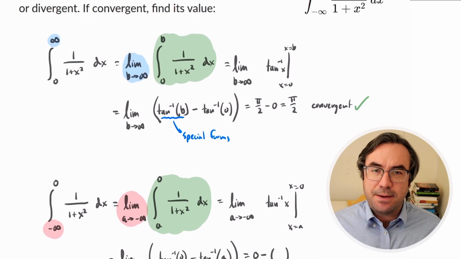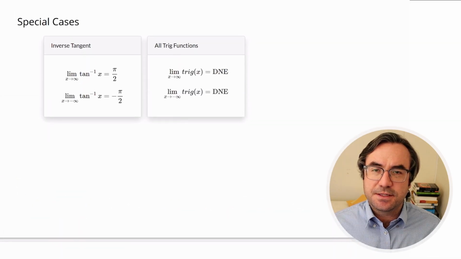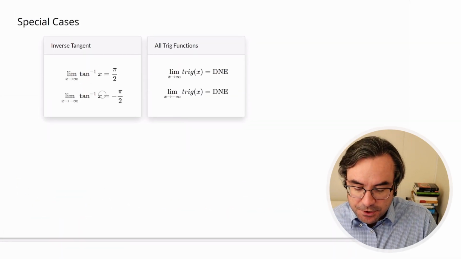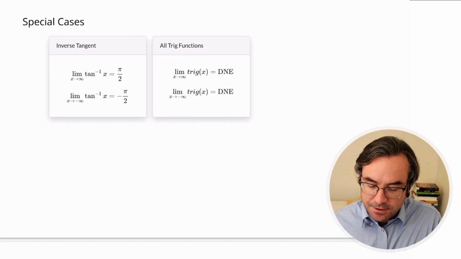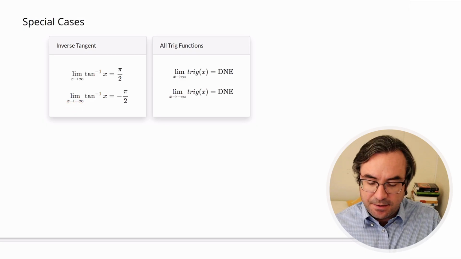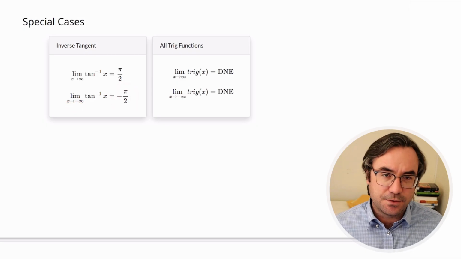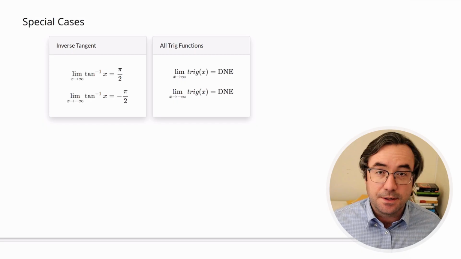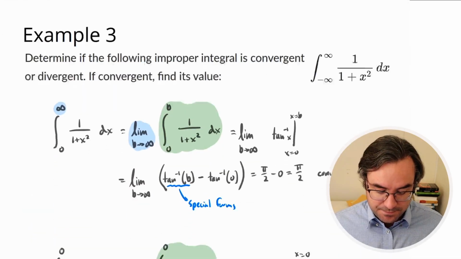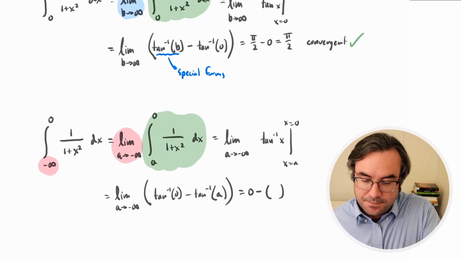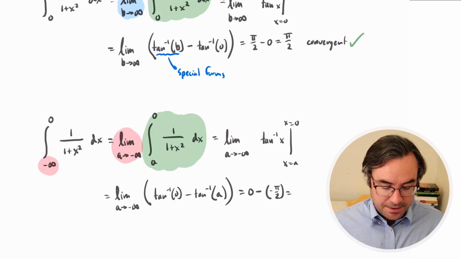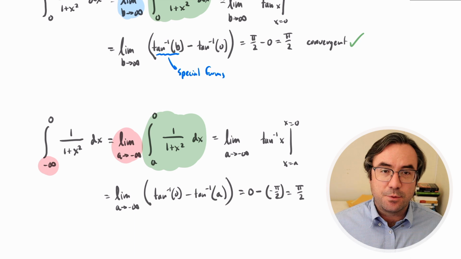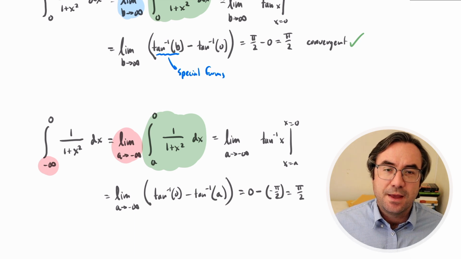If we pop back up and look at that special form: when the term inside our inverse tan function is approaching minus infinity, the limit is negative pi over 2. We're going to use that. And so if we simplify, we end up with positive pi over 2.